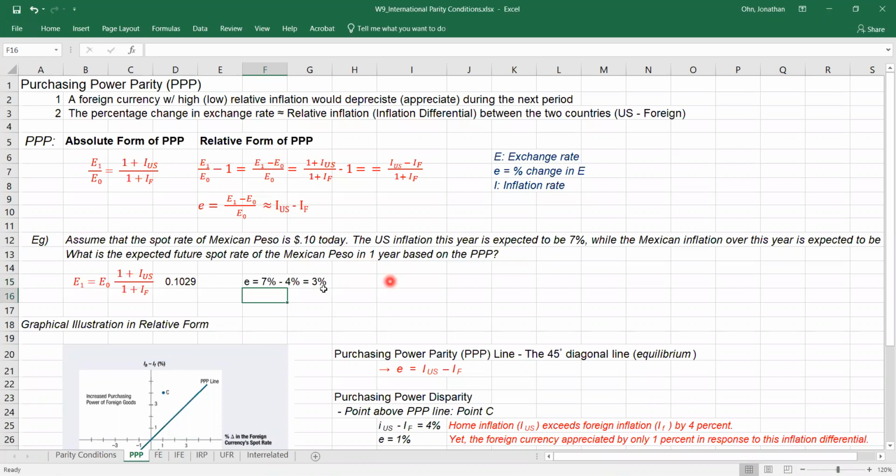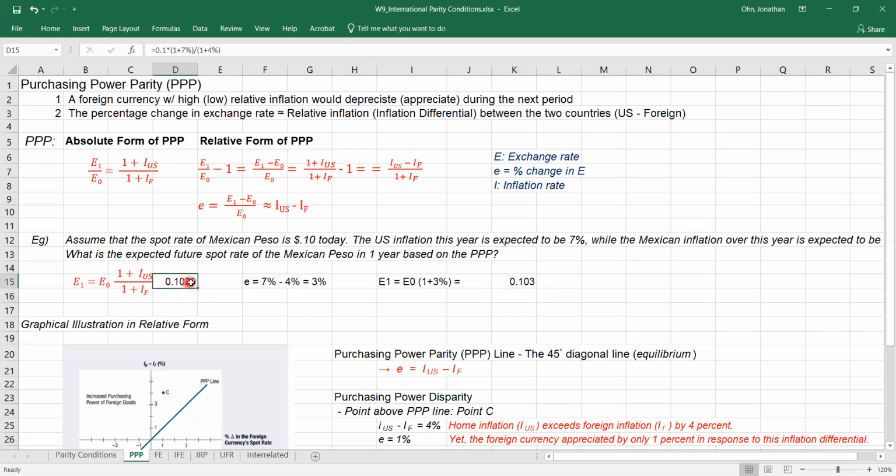Since this is a percentage, E1 should be equal to E0 times 1 plus 3%. From this short form, let's calculate: 0.10 times 1 plus 3%. What is that? It's 0.103.